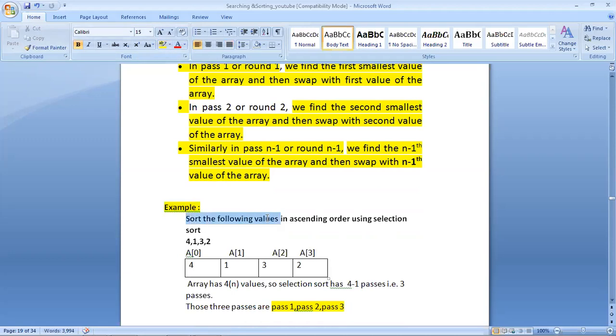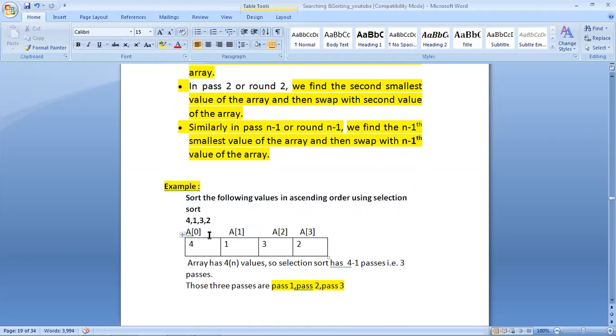Sort the following values in ascending order using selection sort. Values are 4, 1, 3, 2. So arrange these 4 values in the array. First value is 4, second value is 1, third value is 3, fourth value is 2. As we know, a of 0 value is 4, a of 1 value is 1, a of 2 value is 3, a of 3 value is 2.